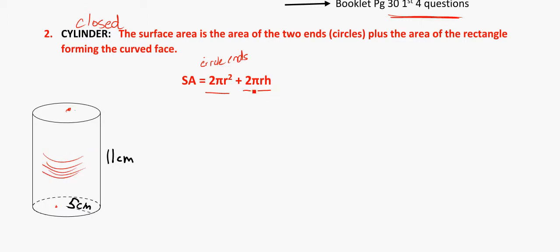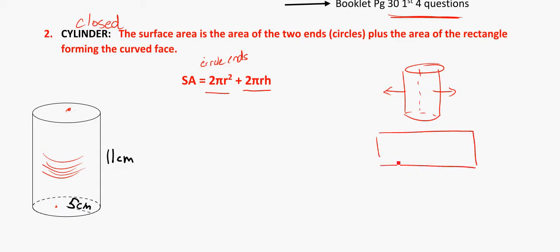Now the reason why it's 2 pi rh, think of your toilet roll, that cardboard bit in the middle, and if you cut it down the middle and opened it out, it would form a rectangle. Now the circumference of this circle up here, the circumference around here, actually goes down to form that length of the rectangle.